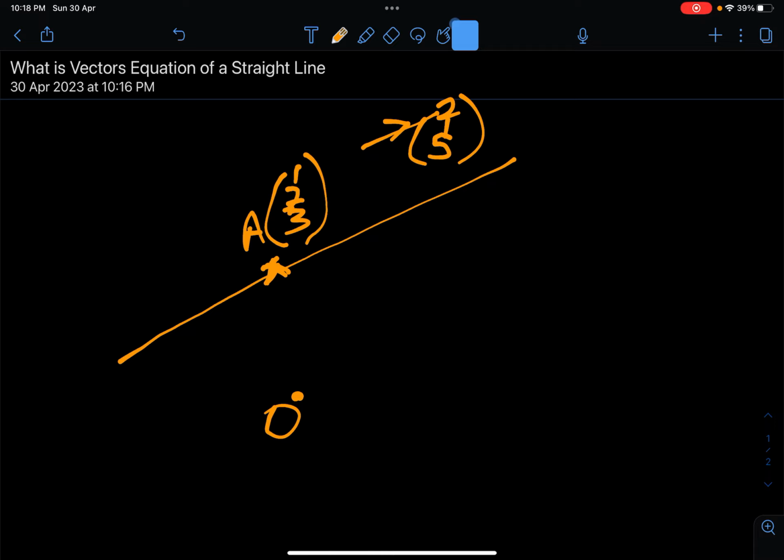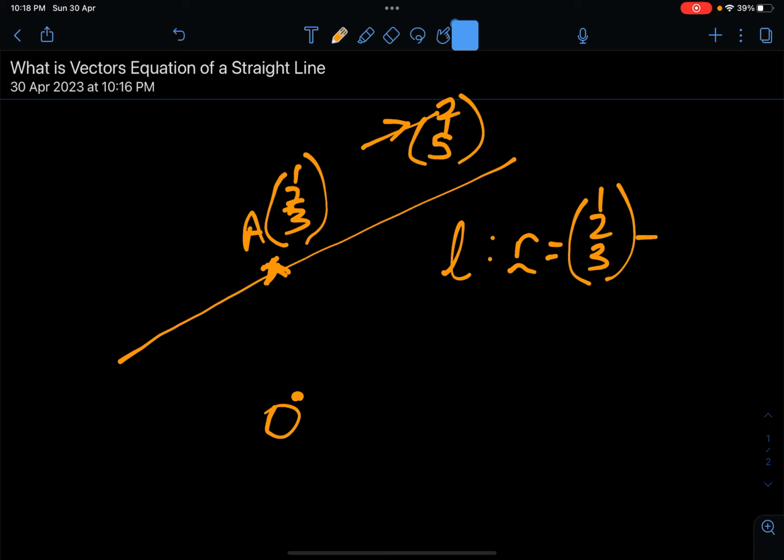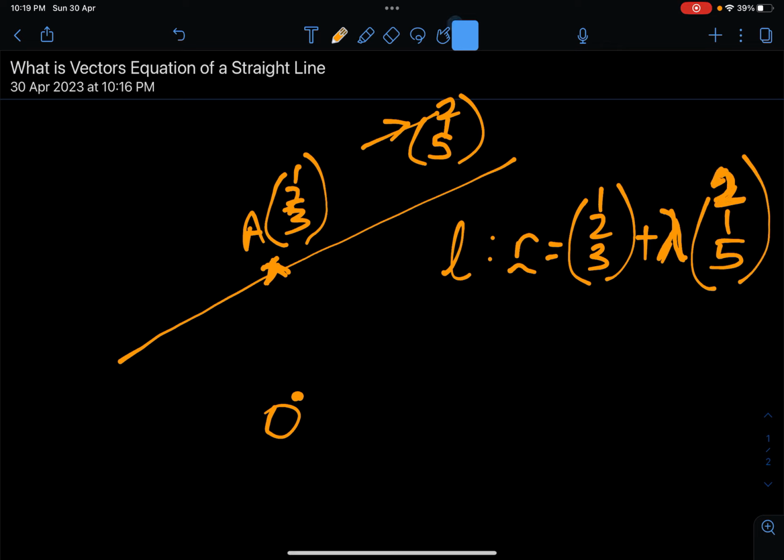Then the vector equation of this line would be the point on the line plus a scalar, let's say I put it as lambda, of the vector parallel to this line.